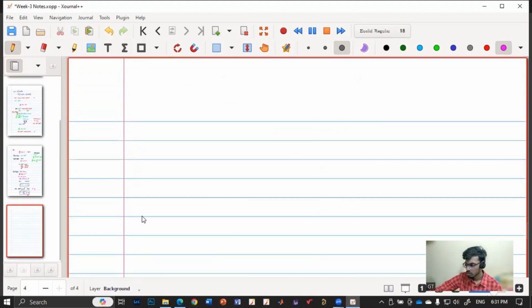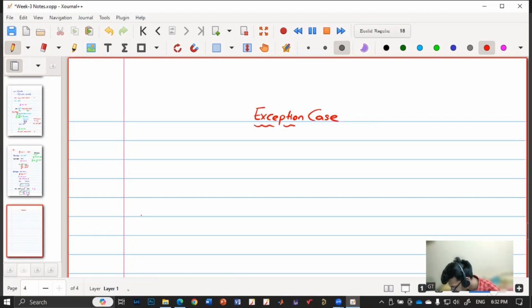Okay. But whatever we have said, like natural response, you find the equations and then forced response derivatives. This is okay, but there is an exception case. We cannot apply this in a case where we have dy by dt plus ay, and my x of t is some constant a into e to the power minus at.